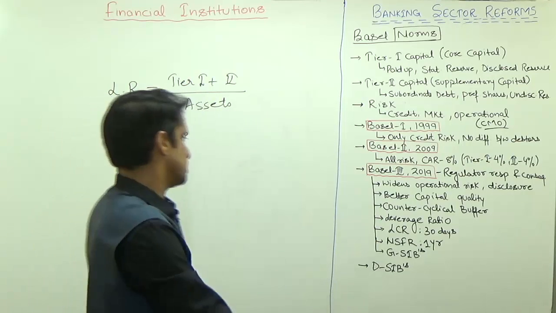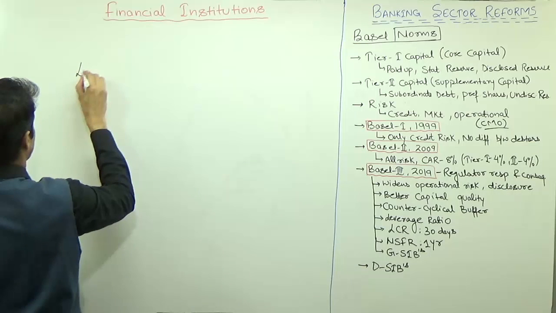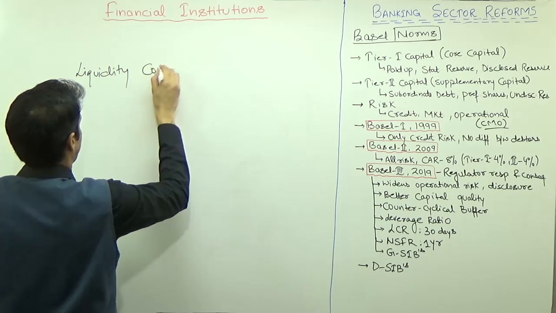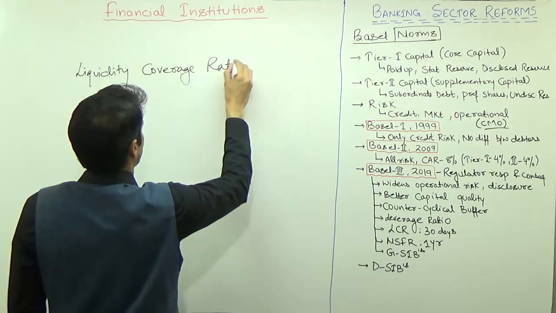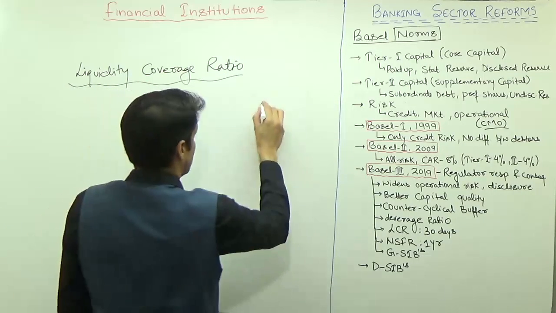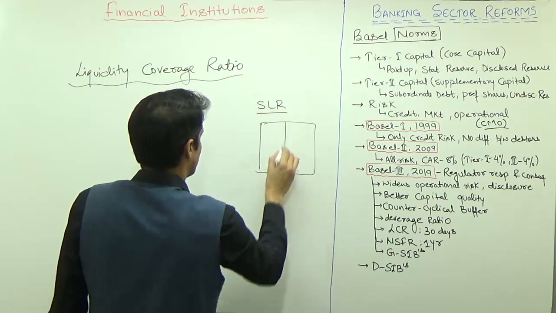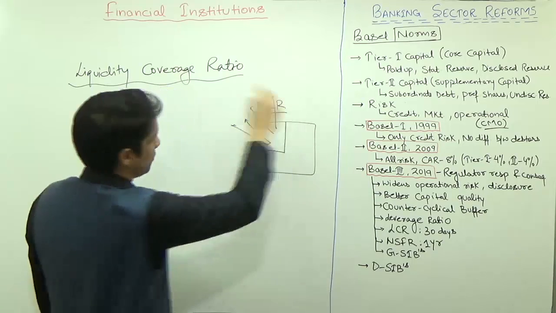The next we have is liquidity coverage ratio. You have to cover your liquidity, just like we have SLR. So what is the role of SLR? Statutory liquidity ratio is whatever liquid assets that you have, maybe you will invest in any of these 4 options.